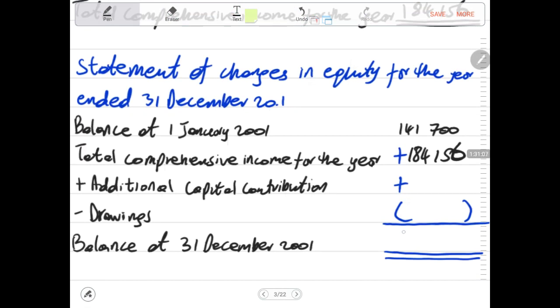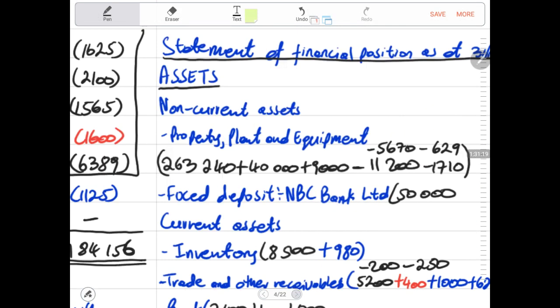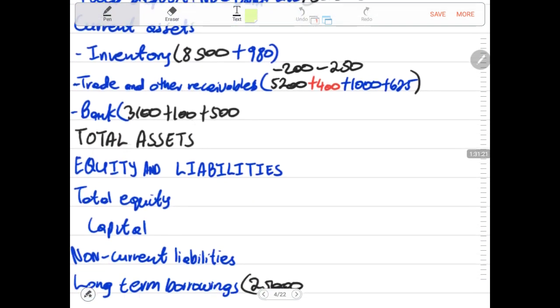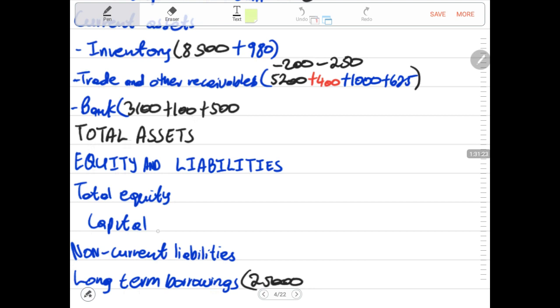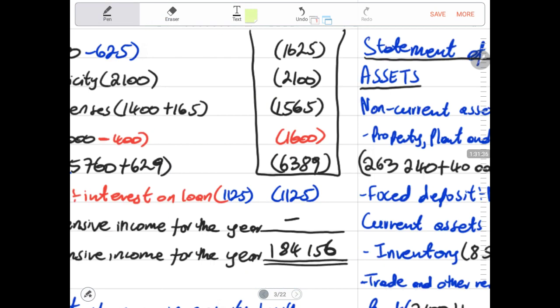Then we get to the statement of changes in equity closing balance, 325,856. We take this as it is, goes to the statement of financial position. Under equity, under capital, there we have this amount as it is, 325,856.